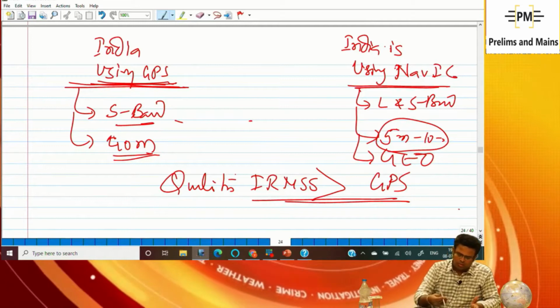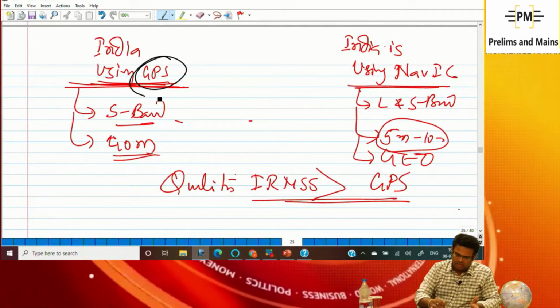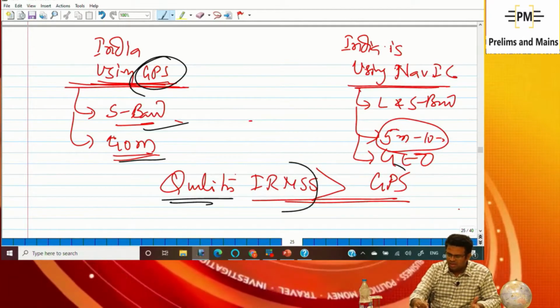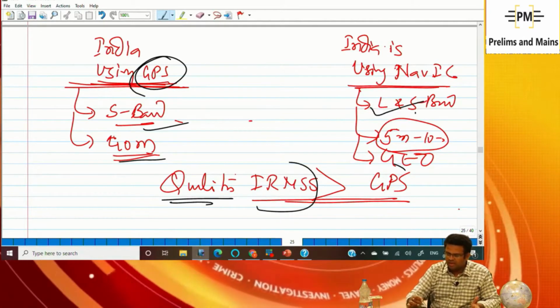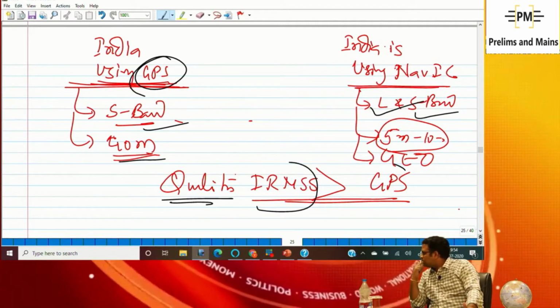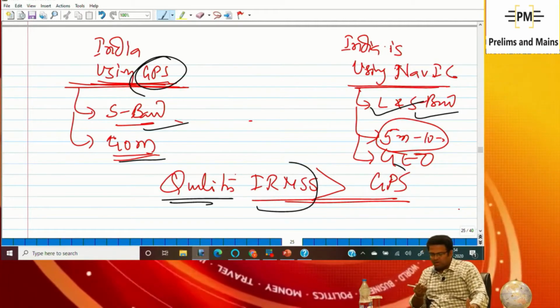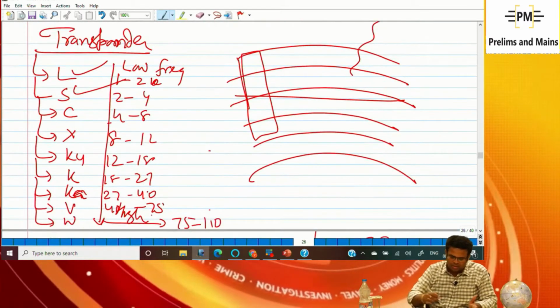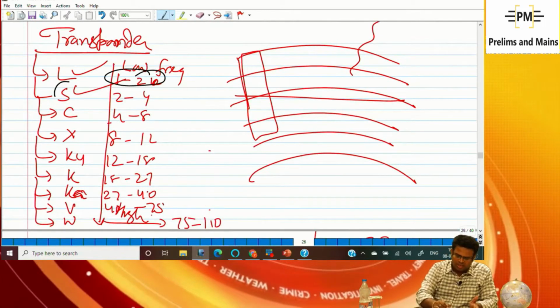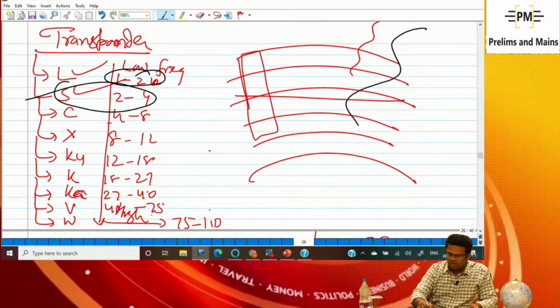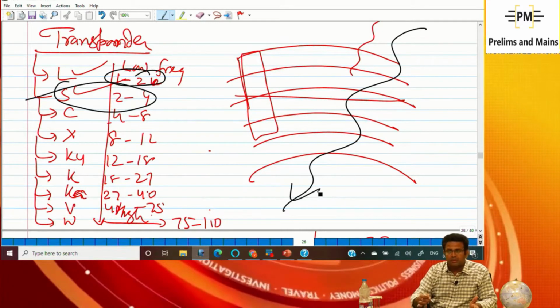GPS I have talked about, GPS S band, 40 kilometer, quality is not too good. In NavIC, L band and S band are used, I have discussed it. हाँ बेटा, L band बता दिया, L band is a low frequency, comparatively 1 to 2 kilohertz. S band is what? L band frequency can easily cross the atmosphere, it can come anywhere.